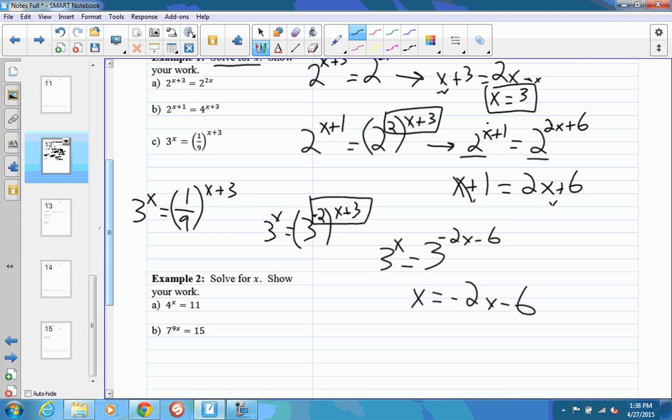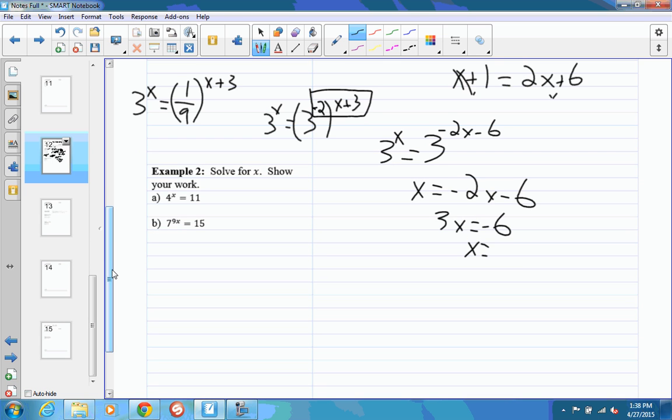Add 2x to both sides. 3x equals negative 6. So x equals negative 2. That'll be negative 6 over 3, which I'll reduce.